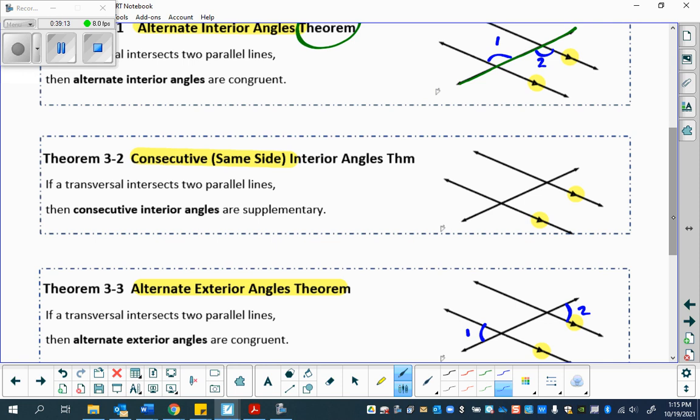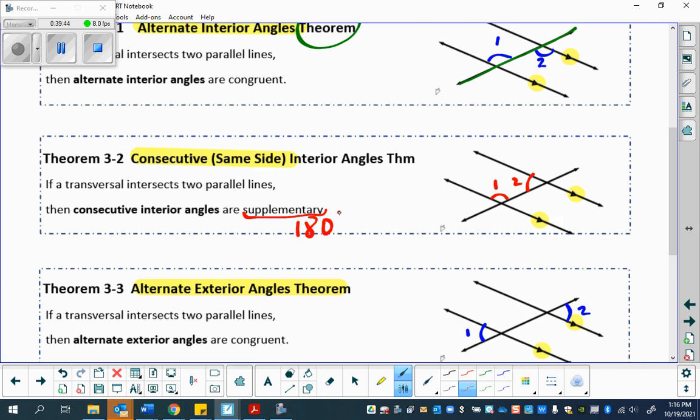And you're like, well, what about our same side interior angles? What's the story with them? What do you think, if you had to be a guesser, since everything in angle land is either congruent or, what's the other word that we use to describe angle pairs? Supplementary. So when we talk about consecutive interior angles, they're going to add to 180 degrees.